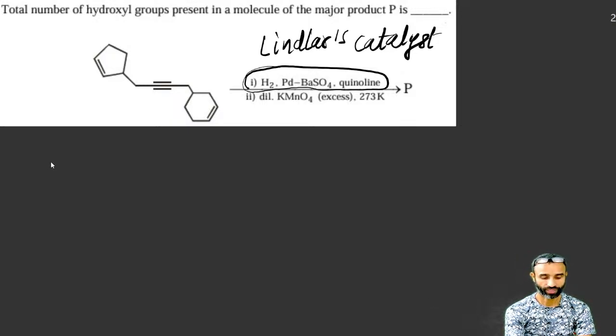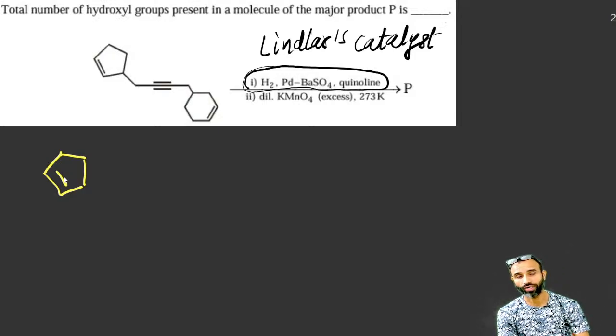So ultimately, this part remains as such because there is only one double bond, and a double bond is not affected. If it is H2/Pd, then all the double bonds and triple bonds are reduced and we get sp3 hybridized carbon.